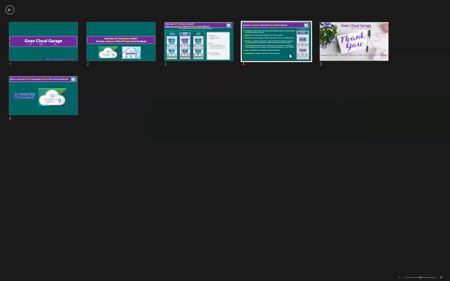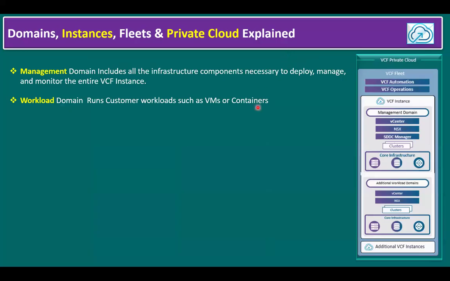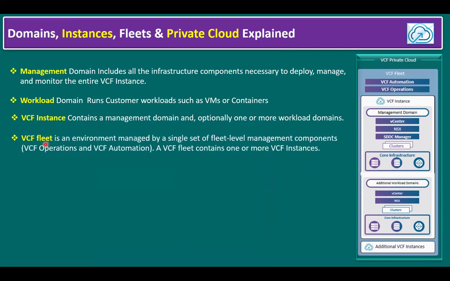Now, another point is the VCF instance. A VCF instance contains a management domain and optionally one or more workload domains. That's the reason we mention additional workload domain. Okay, that is a VCF instance. Now, VCF fleet.